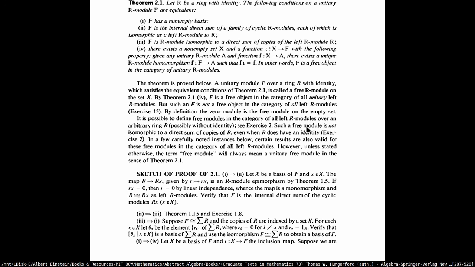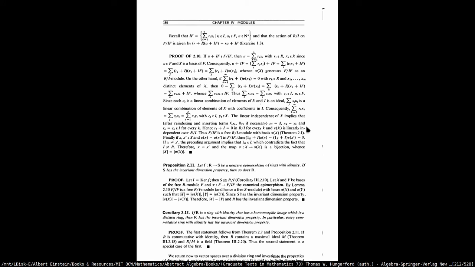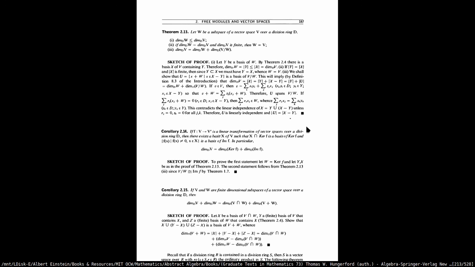Invariant dimension property. So anyway, I'm just saying that so that if we're getting up toward Proposition 2.9 and we're running out of time, then we can probably safely skip ahead to Theorem 2.13.